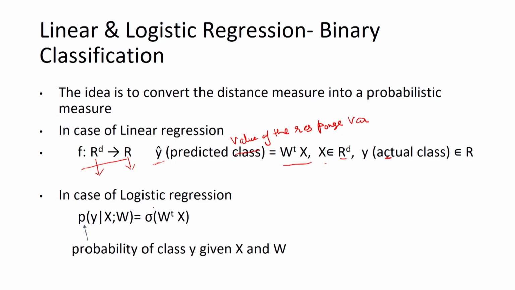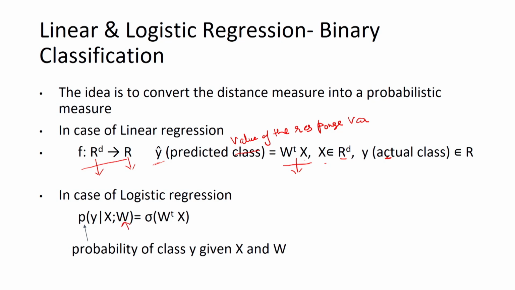So, this was the case of linear regression, while in logistic regression this W transpose x, that was the predicted value in linear regression, we have seen is the distance of point x from the boundary. When we provide this value to the sigmoid function, it will give you the probability of class y given x and w.